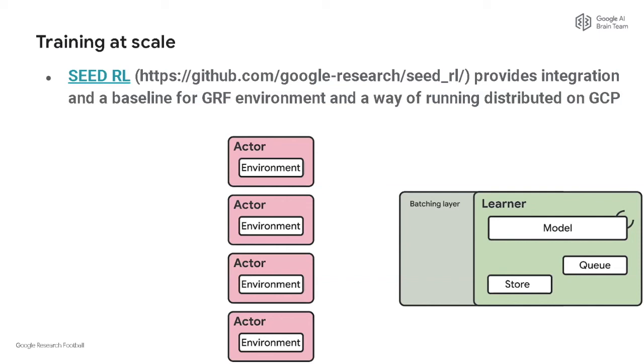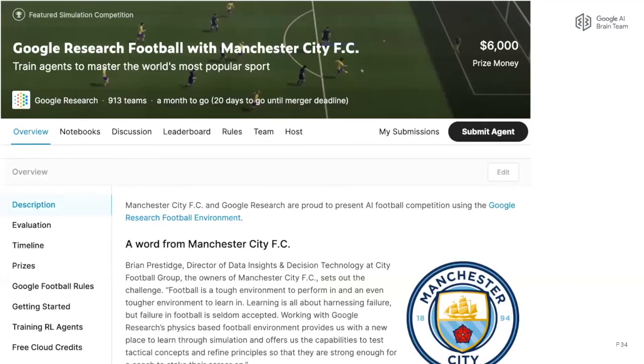And so the batching layer groups a number of observations from different actors to process and generate actions. And once it has a full batch, it dispatches this operation to the TPU or GPU and sends the actions back to the actors for executing on the environment. Details can be found in the paper.